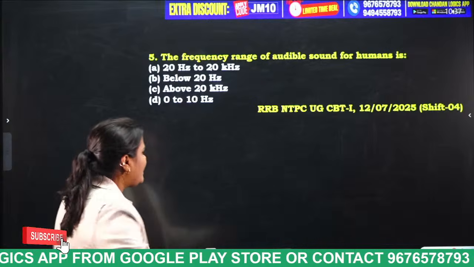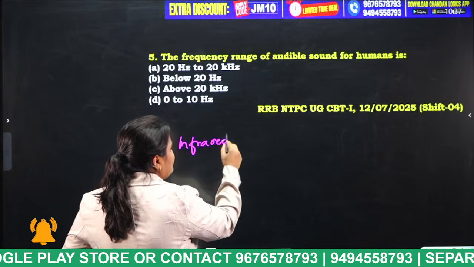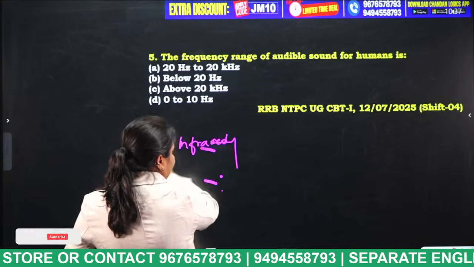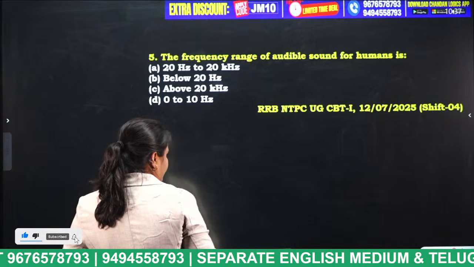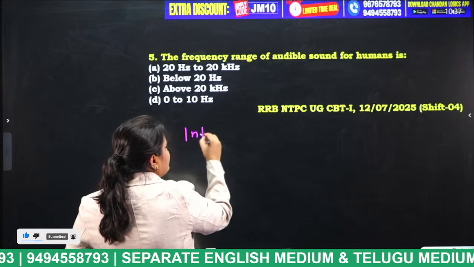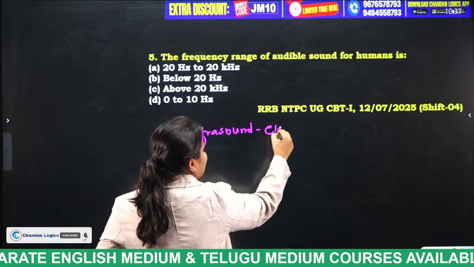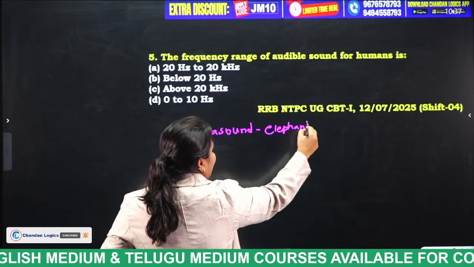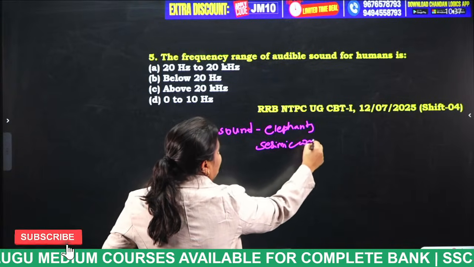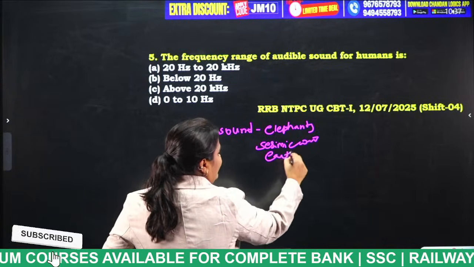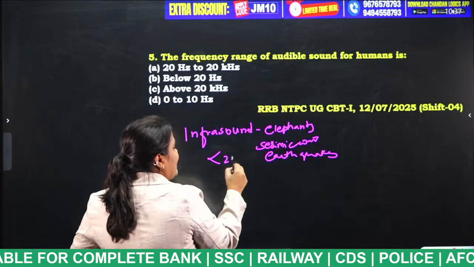Which organisms emit infrasound? Infrasounds are emitted by elephants, seismic waves, earthquakes, which emit infrasounds less than 20 Hz.